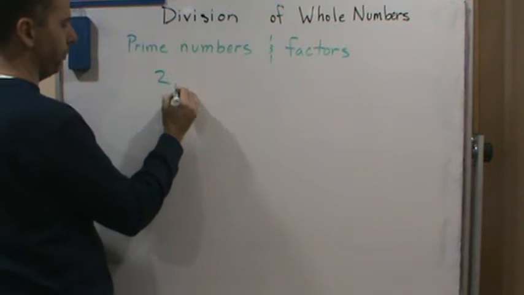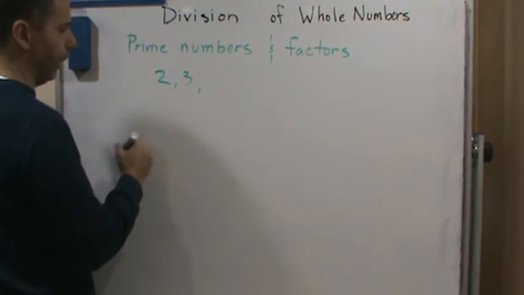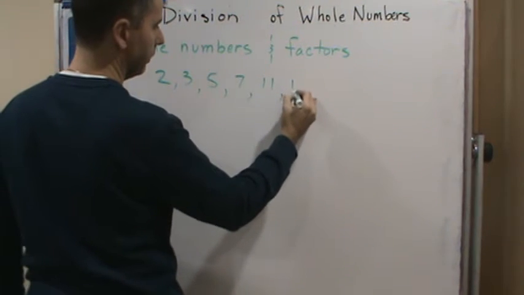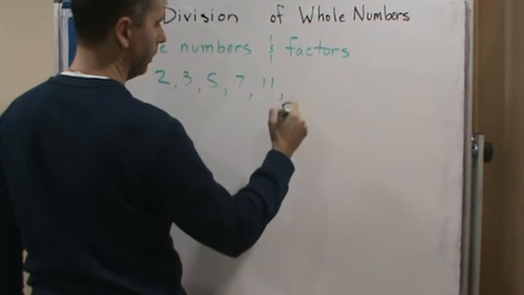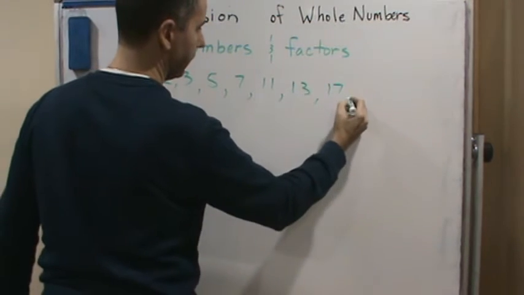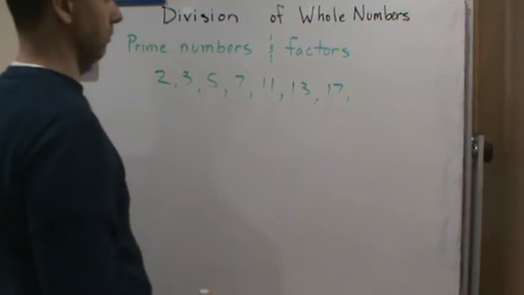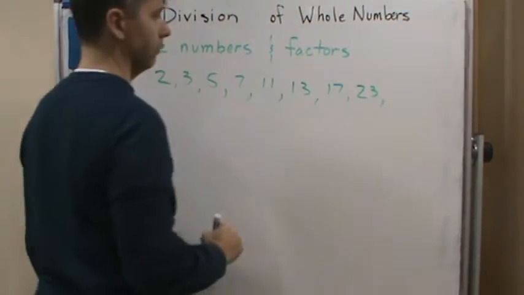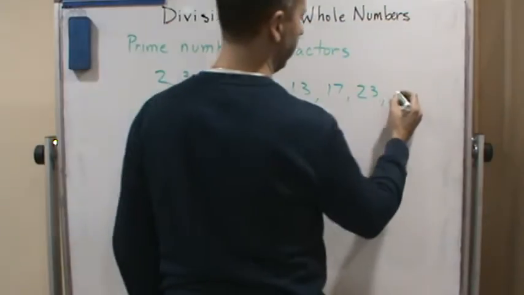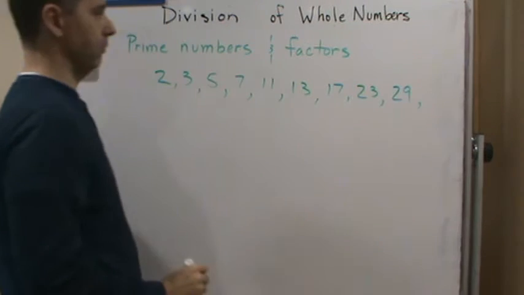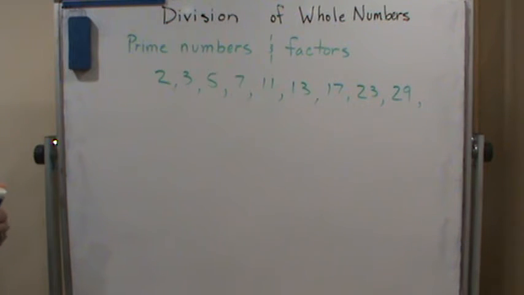Well, we have 2, 3, 5, 7, 11, 13, 17, 23, 29, right? 1, 2, 3, 4, 5, 6, 7, 8, 9.